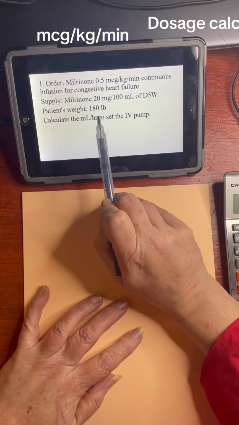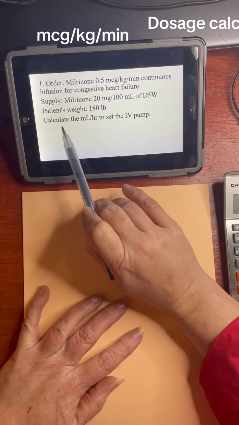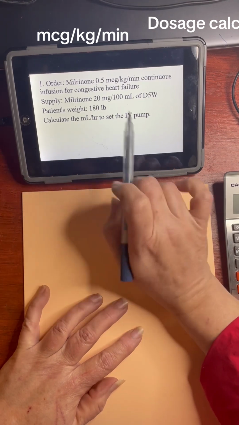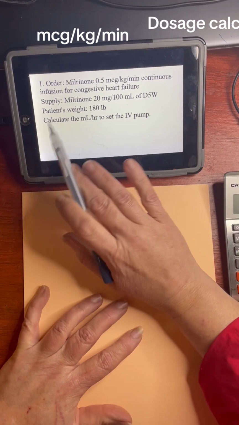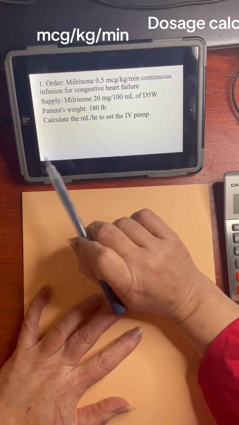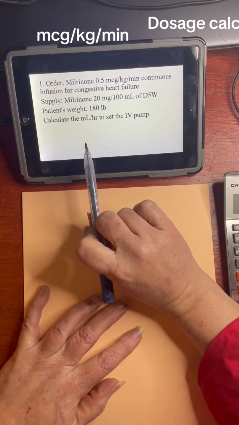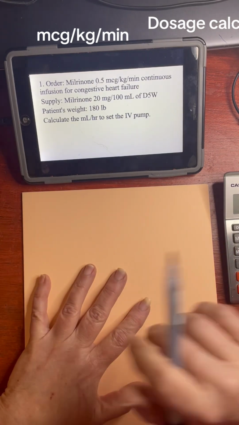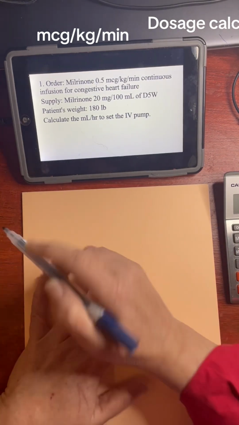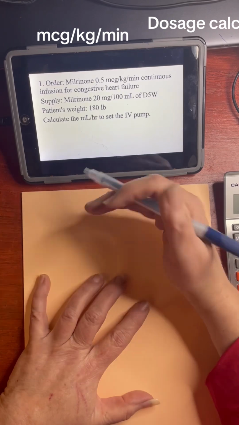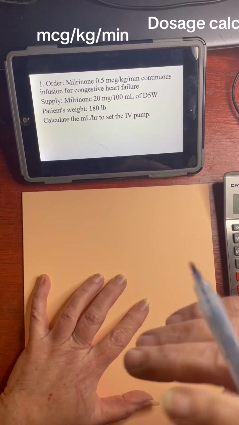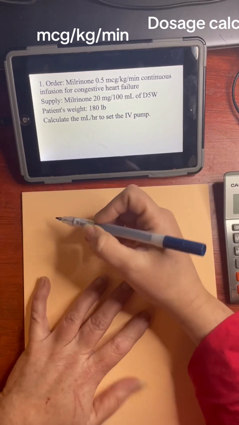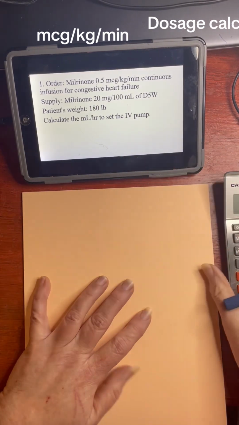The patient weighs 180 pounds, and you got to calculate the milliliters per hour. Nowhere on this does it tell you how they want you to round, if they want you to do it to the hundredths or the tenths. Hopefully, your instructor has made her requirements on rounding known. If not, if ain't nobody told me nothing, this is what I do.